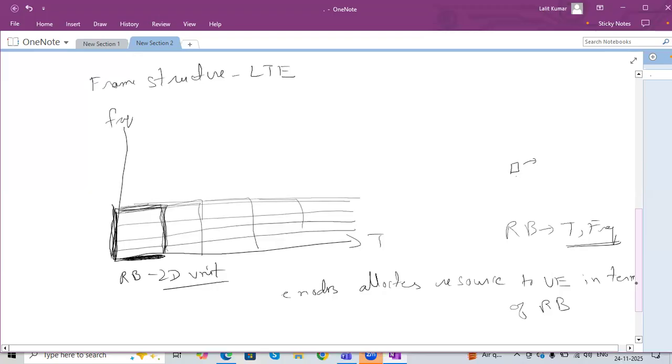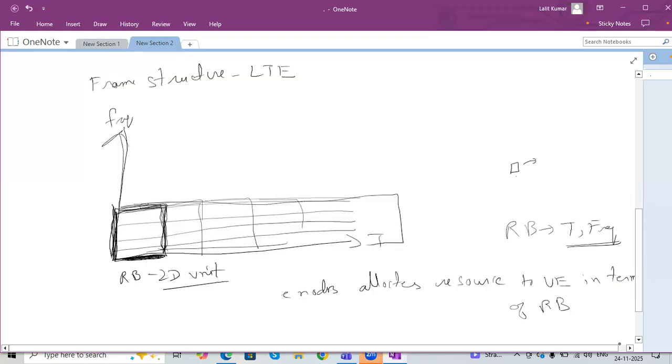See, there is a huge resource, so huge time and huge frequency. But assignment will be done based on resource block. Blocks will be given to the UEs to send their symbols and all. And who will assign? E node B will give. That you have to remember. E node B will provide these resources.